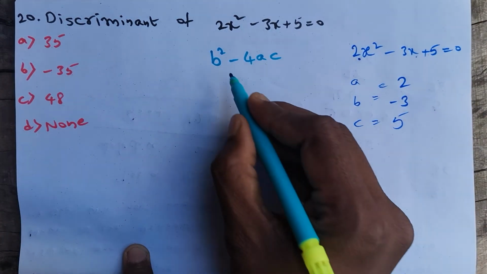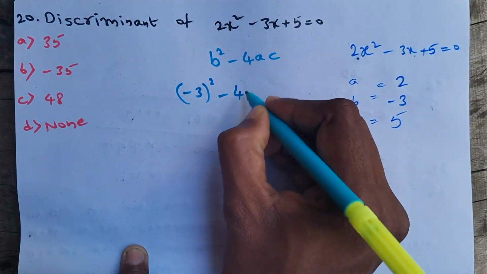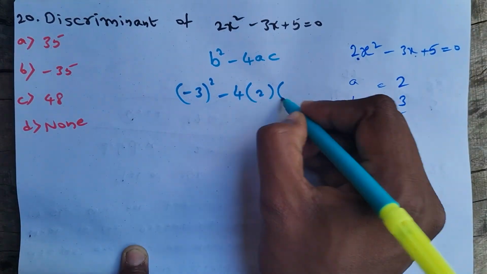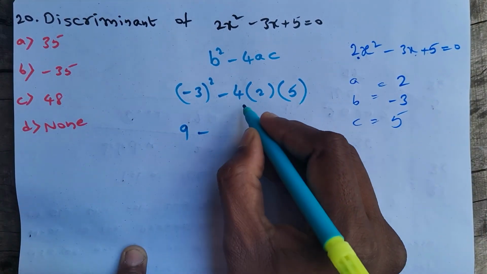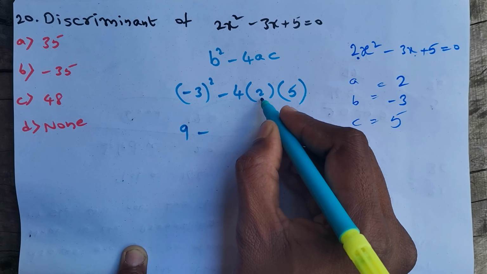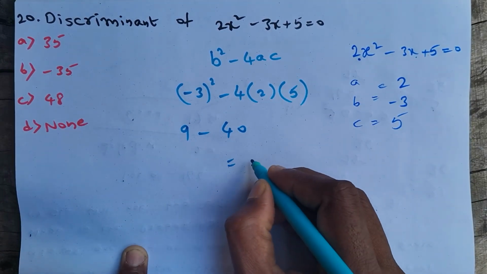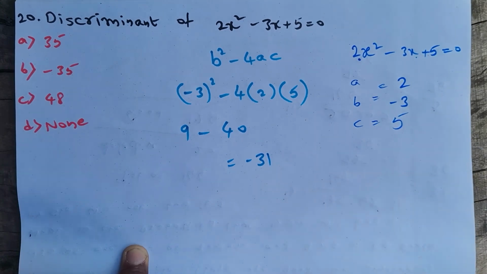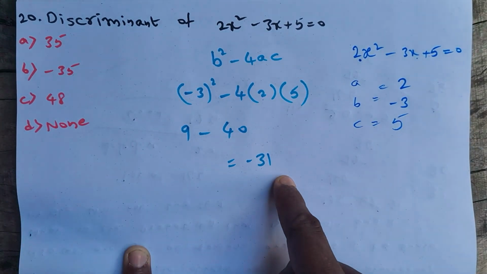Let us substitute in. B value minus 3 whole square minus 4 into a value 2 into c value 5. Minus 3 square is plus 9, minus 4 2s are 8, 8 5s are 40. 9 minus 40 is minus 31. If we are going to find out the discriminant, till here we will stop.